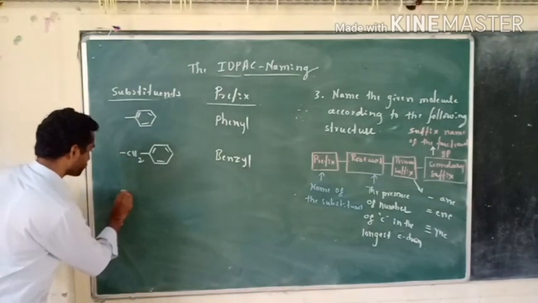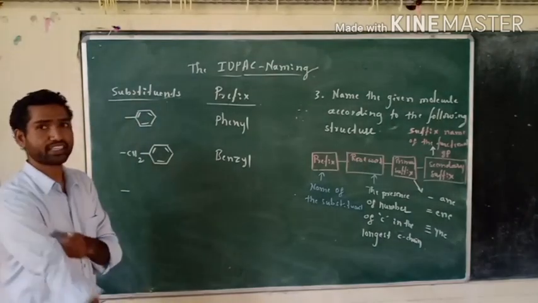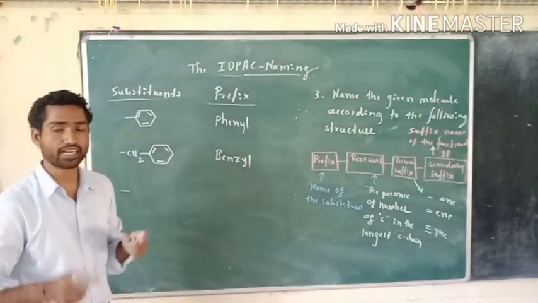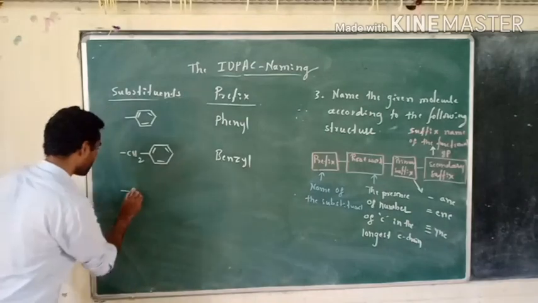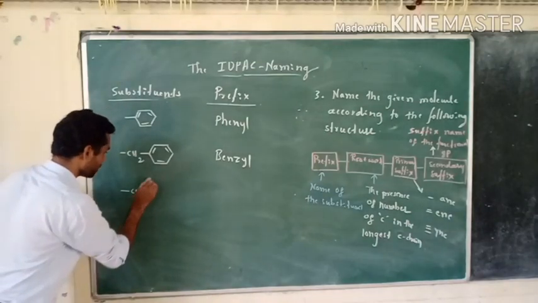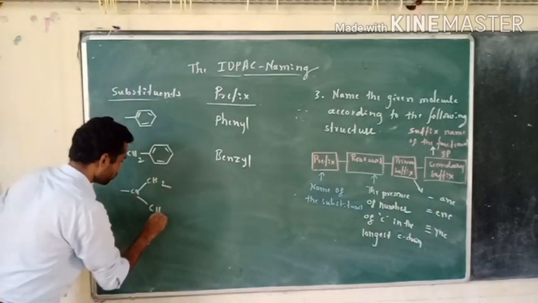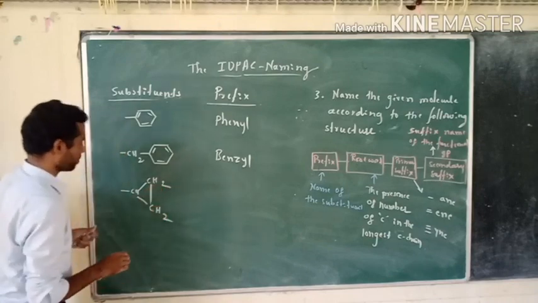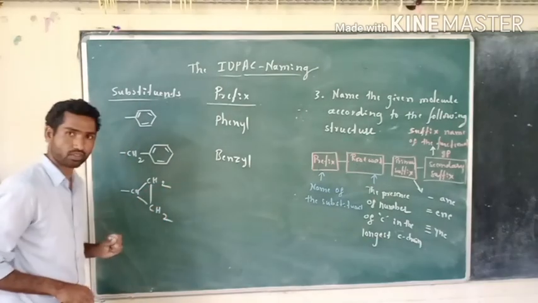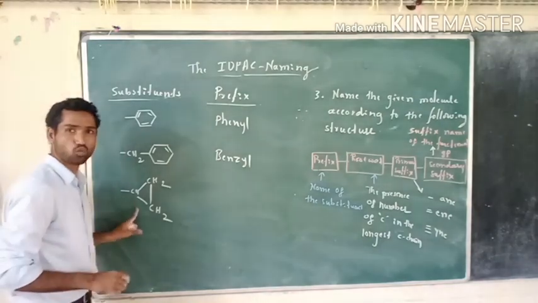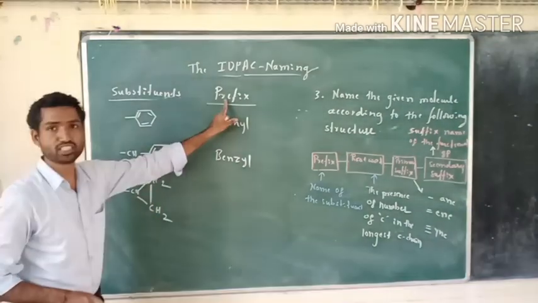So if cyclic groups are attached as a substituent, for example, CH2, CH, CH2, CH2, so this is the molecule. Then what is the name of this? What is the prefix name?